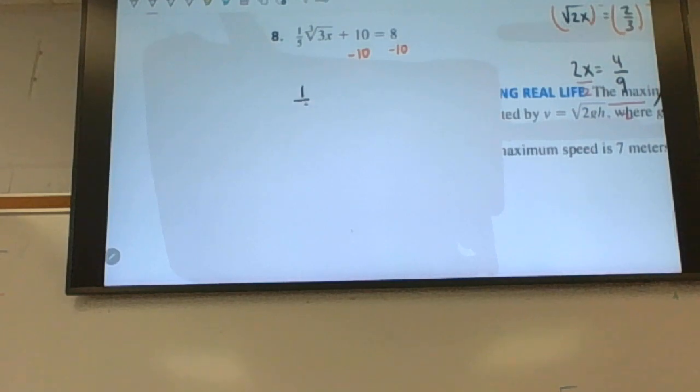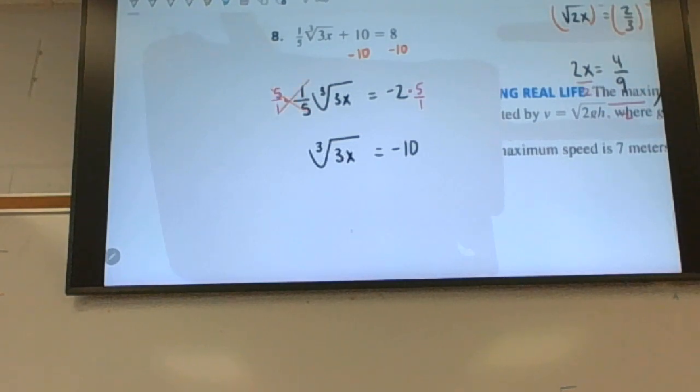Leaving 1/5 times the cube root of 3x is -2. How do I get rid of 1/5? I'll multiply by the reciprocal. 5 over 1, 5 over 1. That will mean the cube root of 3x is -10. The reciprocal gets rid of that fraction in front.